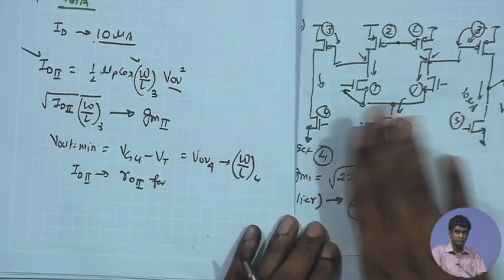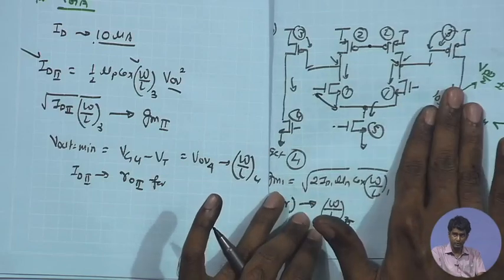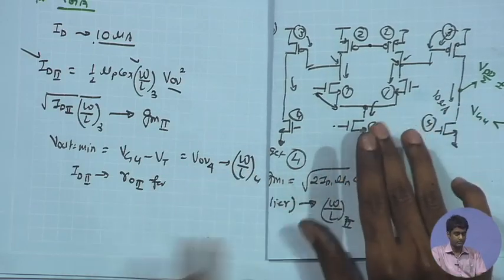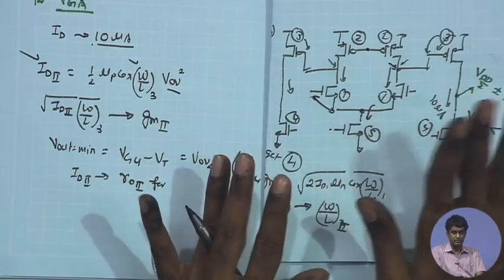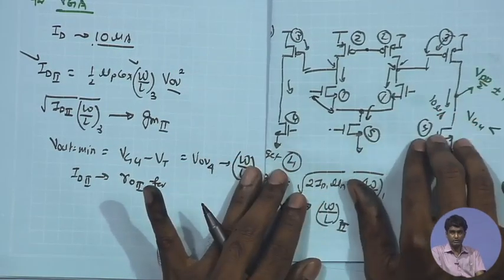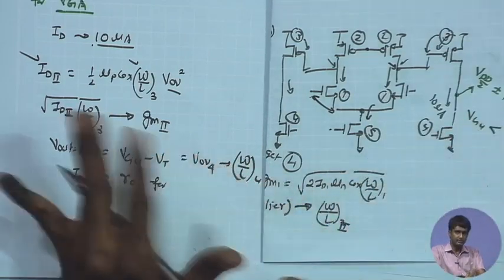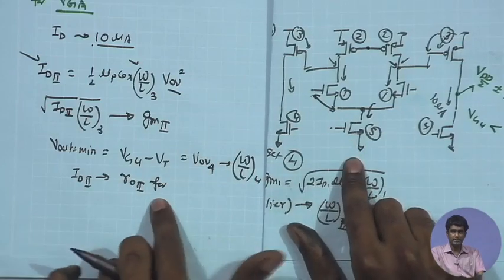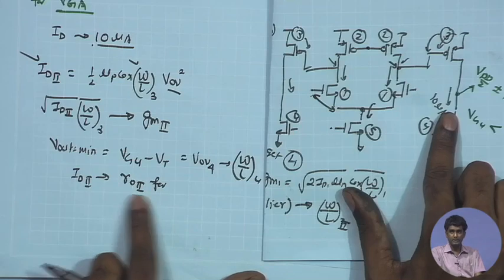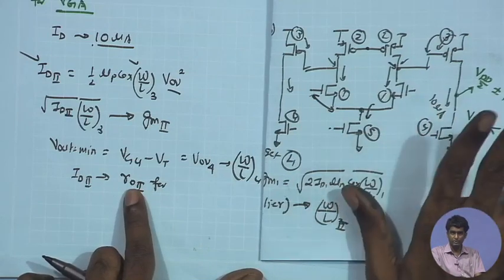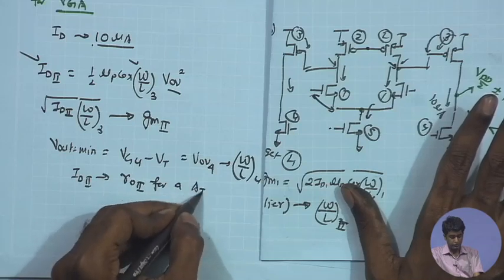If I assume that the gain is still equally divided, which is not necessary, I can sacrifice the gain over here a little bit, because I am trying to reduce the bias current. Or in other words, I can try to increase the gain over here a little bit so that it supports the reduction in bias current. But assuming that we are keeping the gain division almost similar, I can have an overall gain of 100 in the second stage, and that is going to give me the RO value for the given GM2 value for an A2 equal to 100.